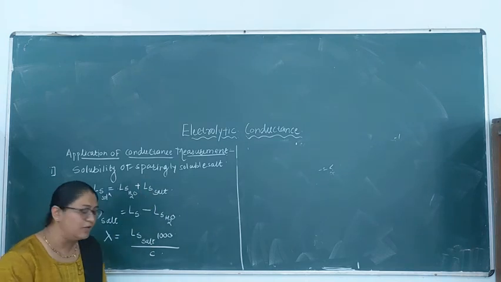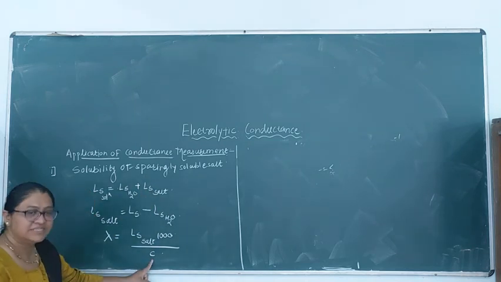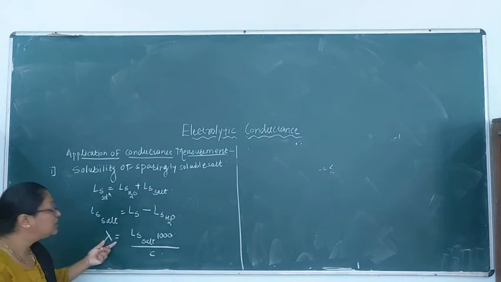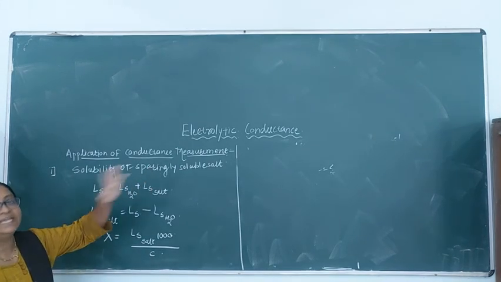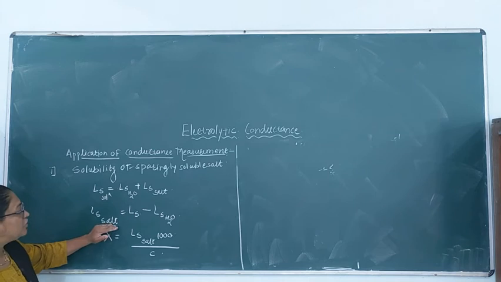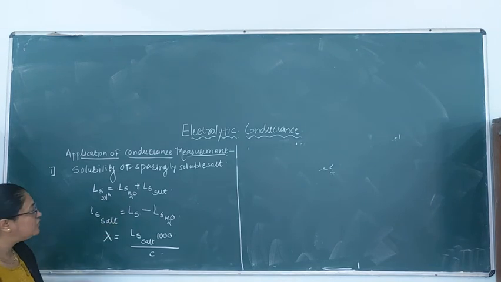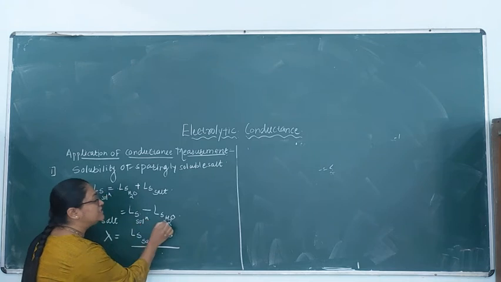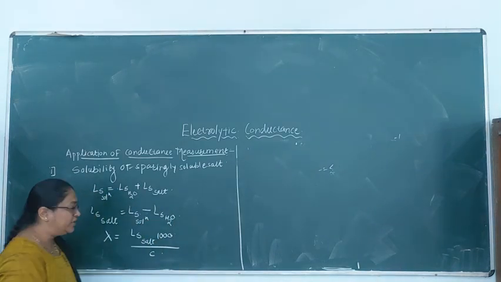Alright, and therefore to calculate this concentration, we have to consider the conductivity of the salt only, and that's why I have written this relation. The specific conductivity of a salt is equal to the specific conductivity of a solution minus the specific conductivity of the water.